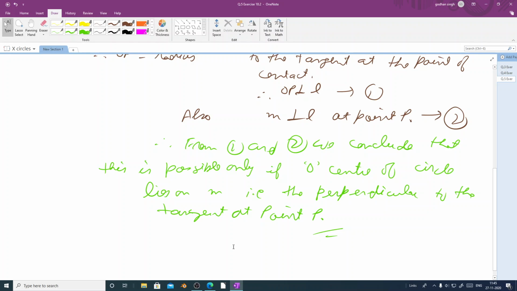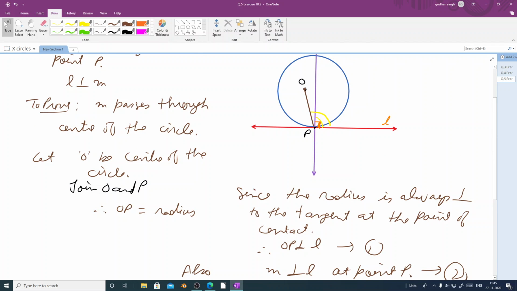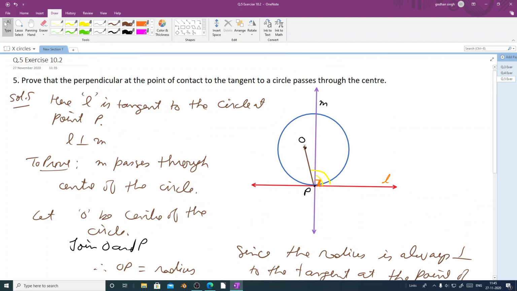As discussed, this point O should lie on M, then only this case is possible, otherwise it will not be possible. So, with this question number 5 is complete.